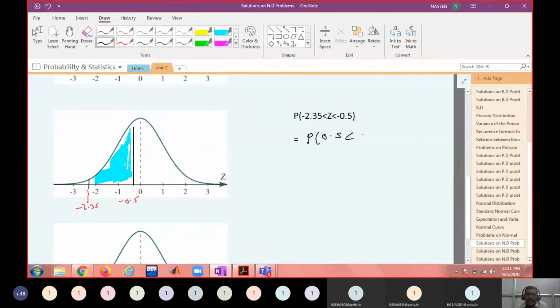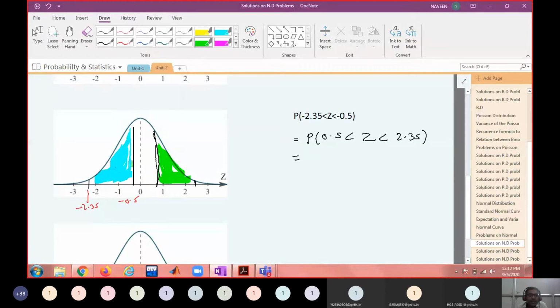So minus 2.35 to minus 0.5 becomes the area from 0.5 to 2.35. This area I am finding because of the symmetry.